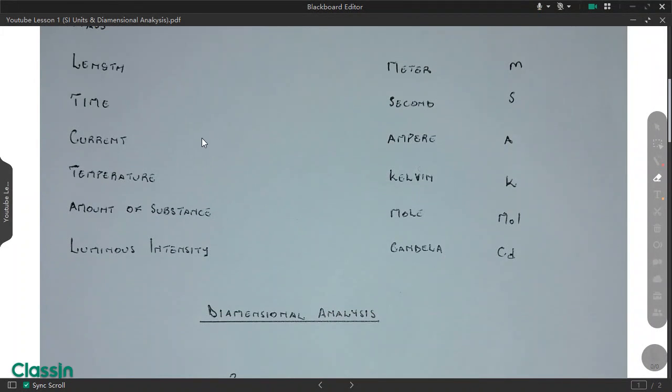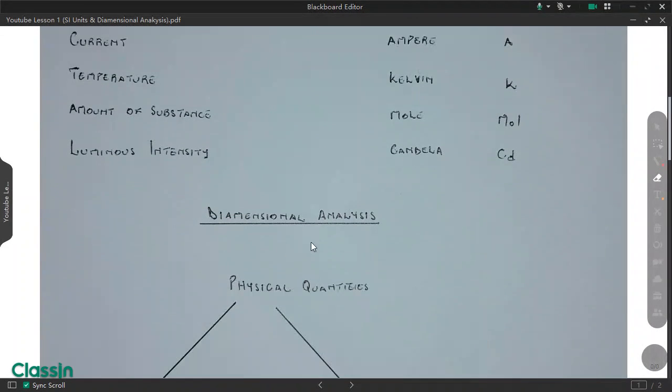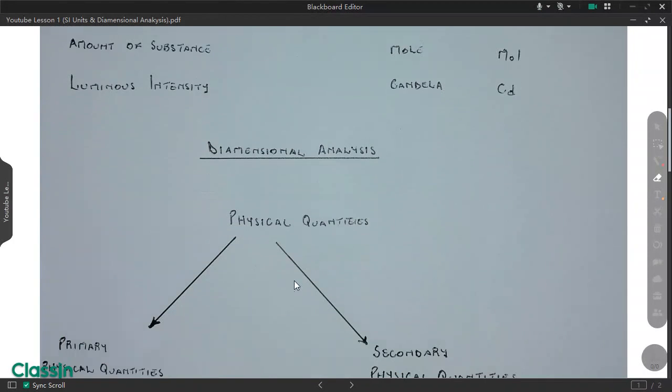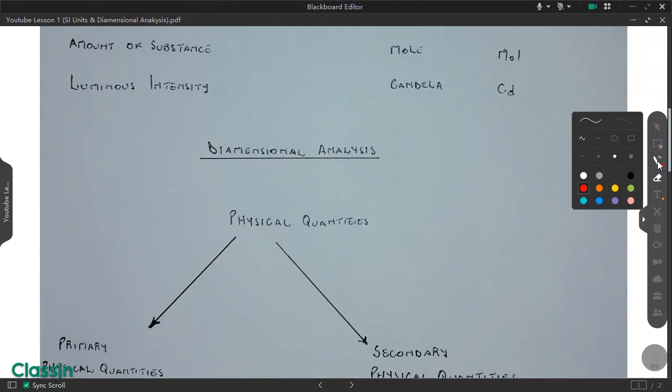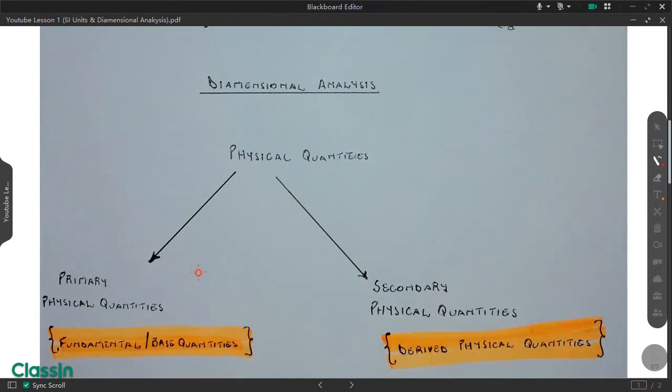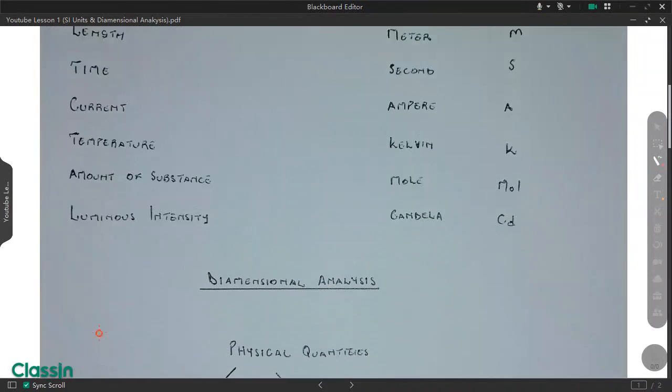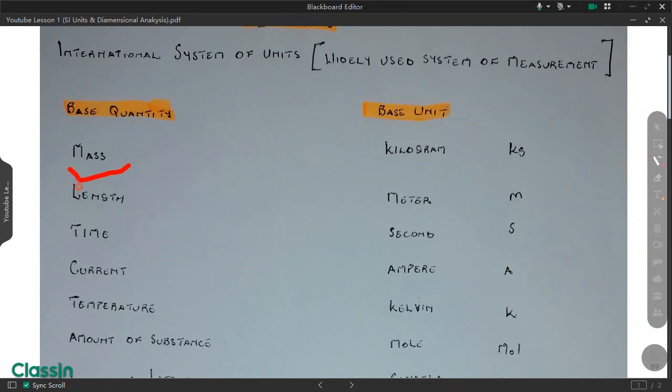So dimensional analysis is built up of physical quantities. These physical quantities have two portions. We have the primary physical quantities, which are made up of the base quantities, the ones we just indicated when dealing with the SI units.